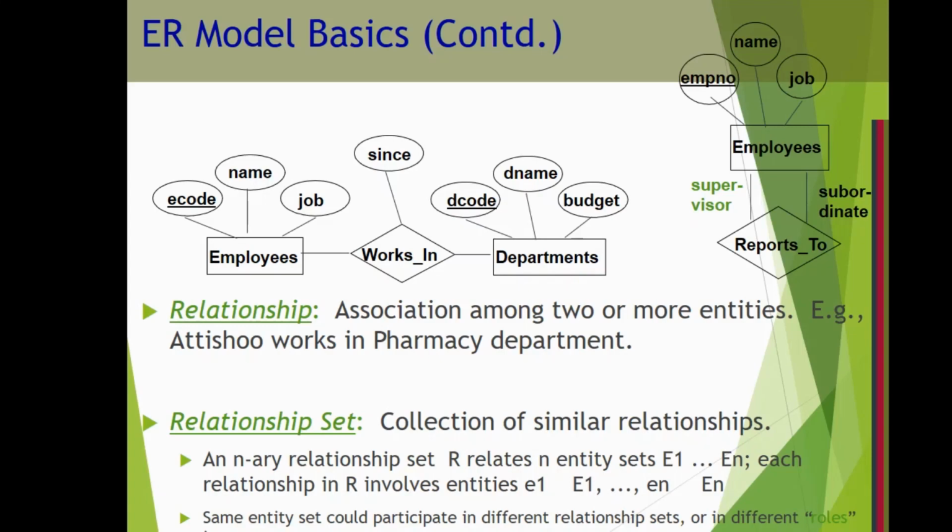Suppose employee E001 works in a department since what time? That means the date of when you joined. So since is nothing but the date of joining. This attribute is associated with the relationship works in, because it can be neither an attribute of employee nor of department.